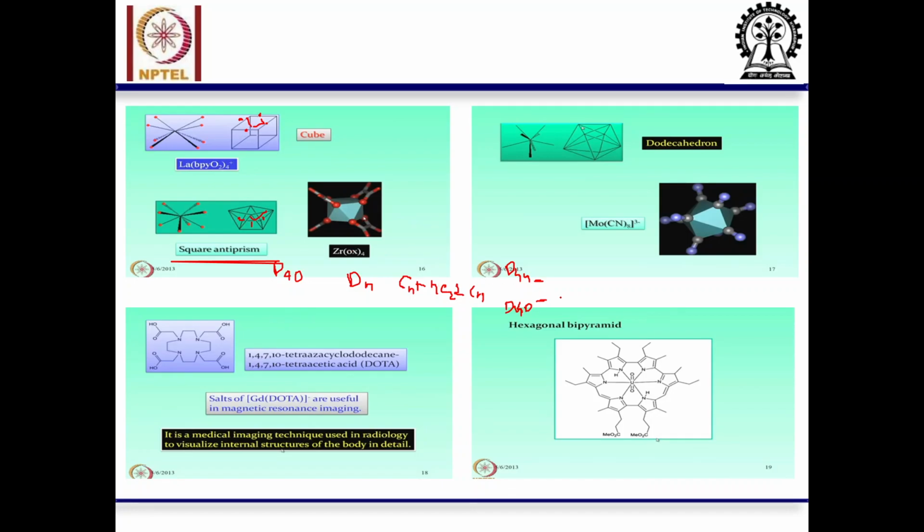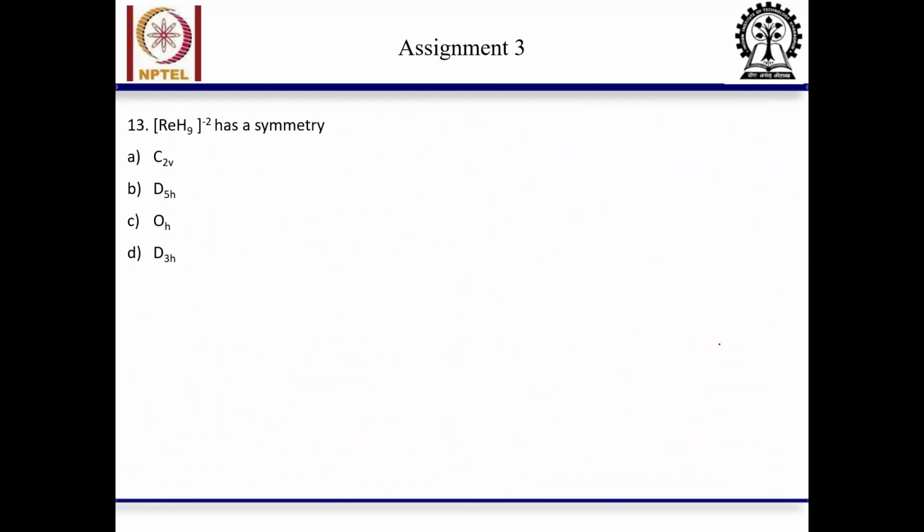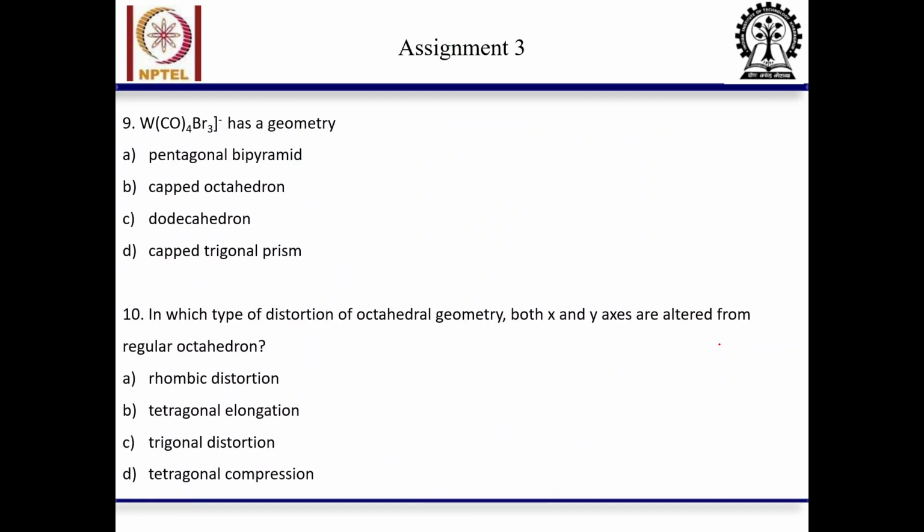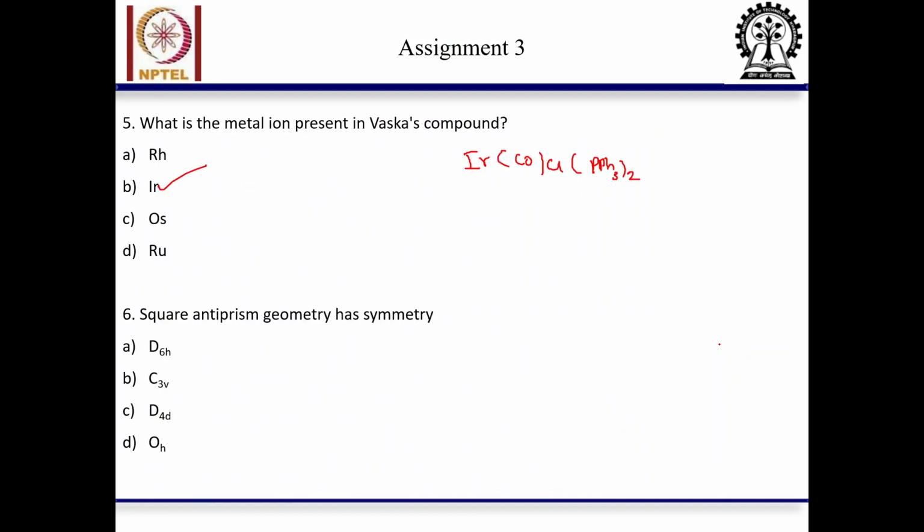Okay, so I will take one very simple example. Suppose I take platinum Cl4. We have Cl, Cl, Cl, Cl. Now this is a planar molecule.